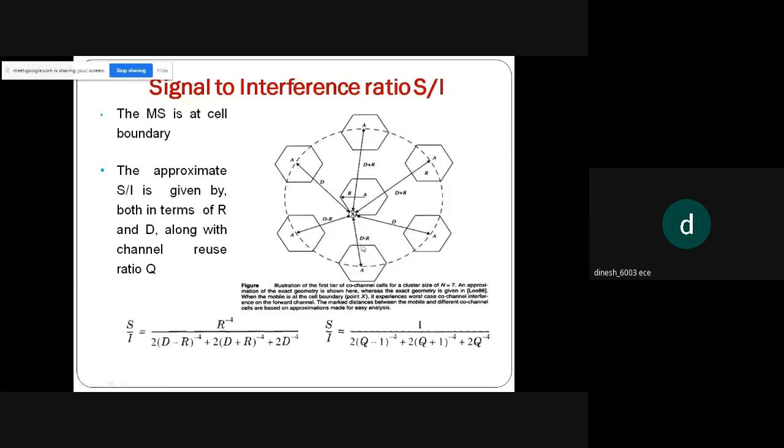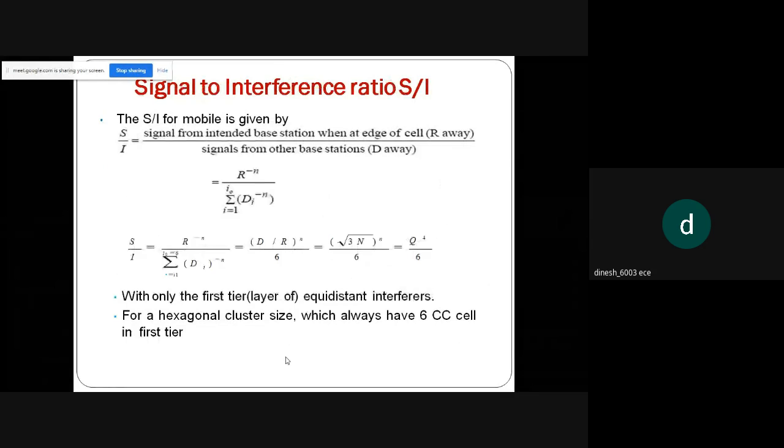The approximate signal to interference ratio is given by S by I equals R to the power minus 4 divided by 2 times (D minus R) to the power minus 4 plus 2 times (D plus R) to the power minus 4 plus 2 D to the power minus 4, in the case of N equal to 7. Here n is equal to 4.